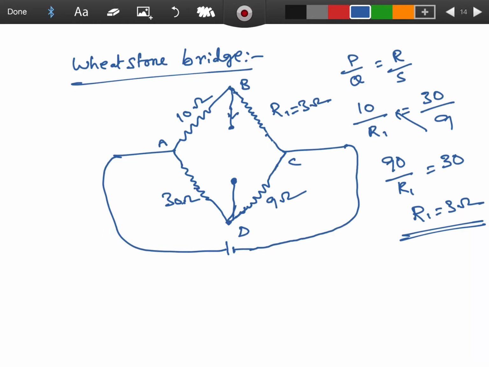In this no current. I will say these 2 points are equipotential points.